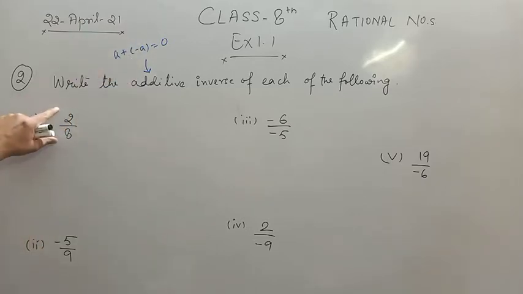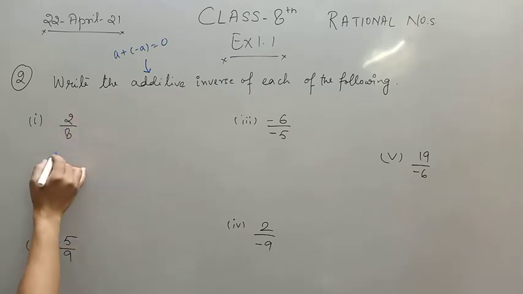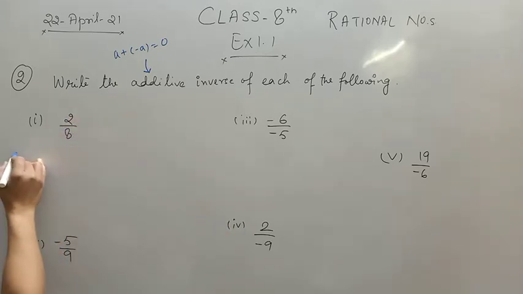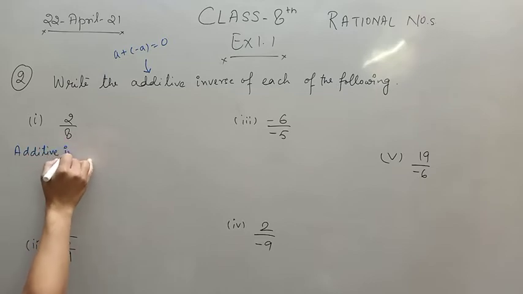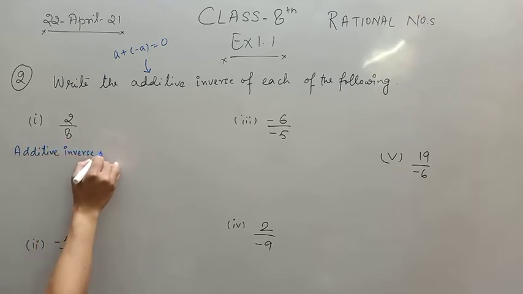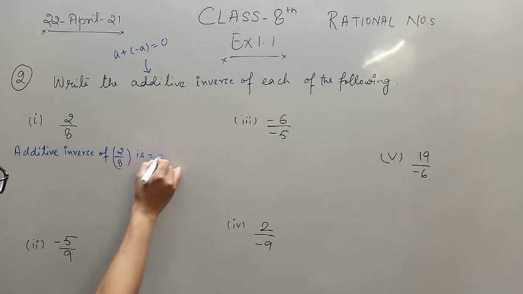Similarly, let's say this is A. The additive inverse of 2 by 8 is minus 2 upon 8, right?